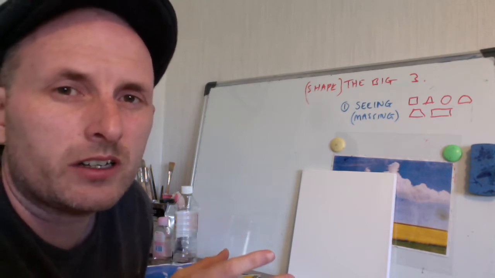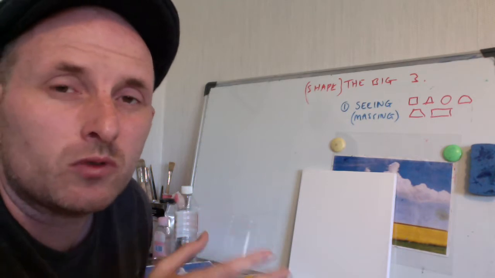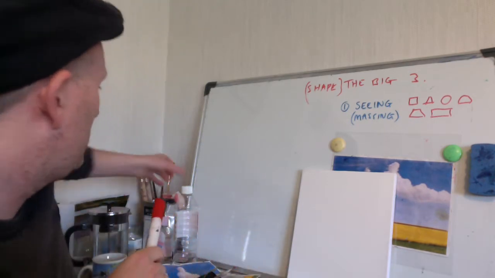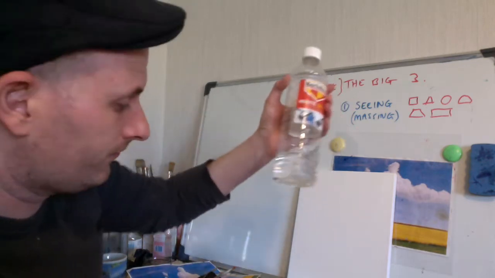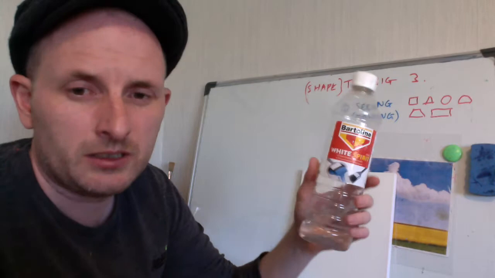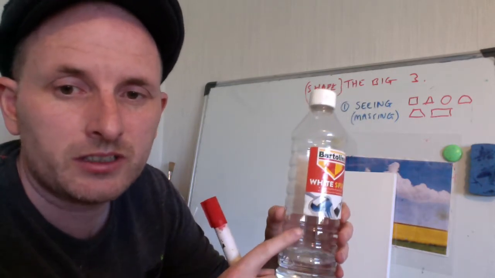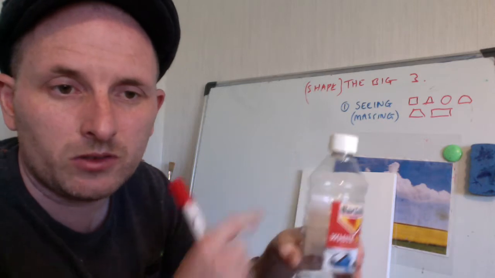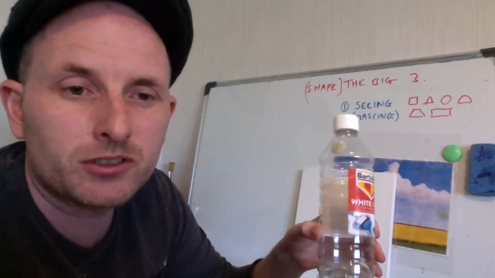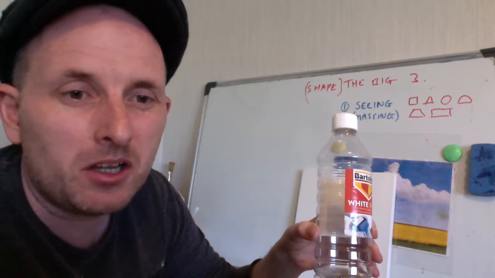We'll start very simply with a simple object, and how seeing it wrong could cause all sorts of problems. So we'll start with this white spirits bottle. If you look, it's got all sorts of wee ridges, all the wee details. That's normally what everybody sees first, and they think, I can't really draw, I'll mess that up.